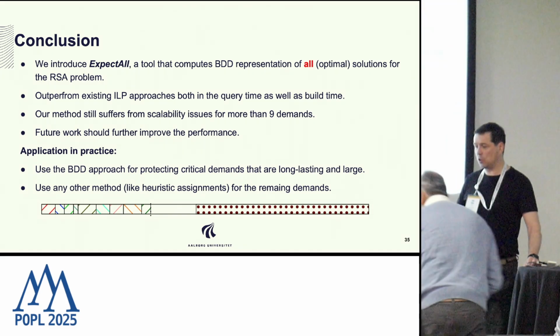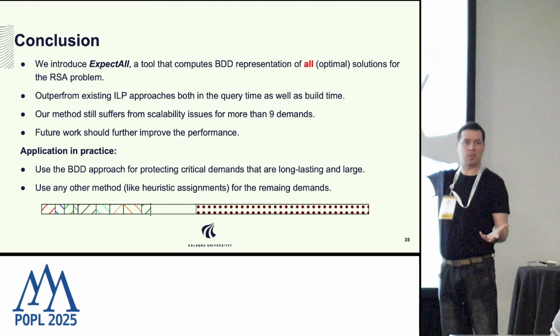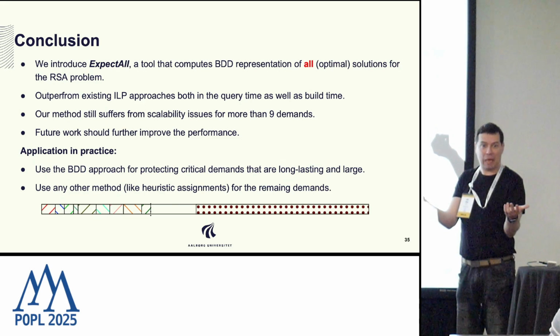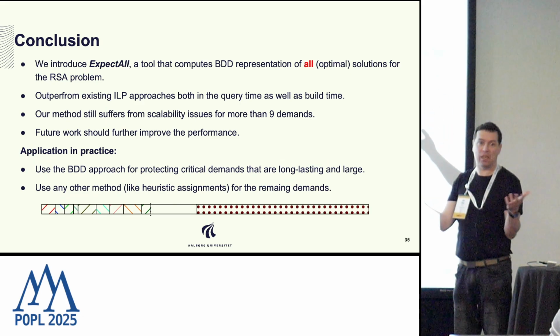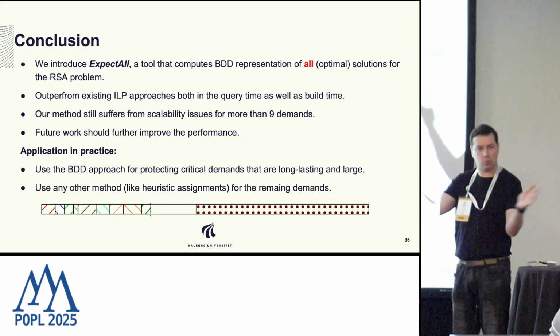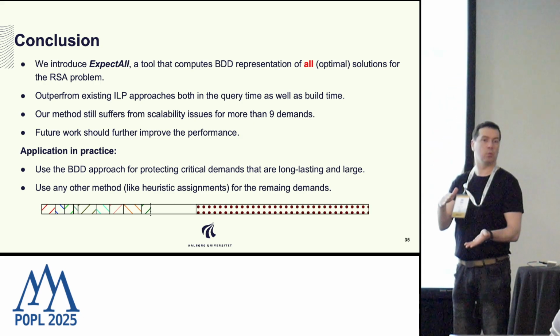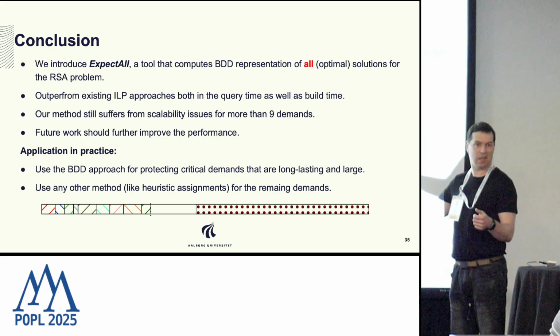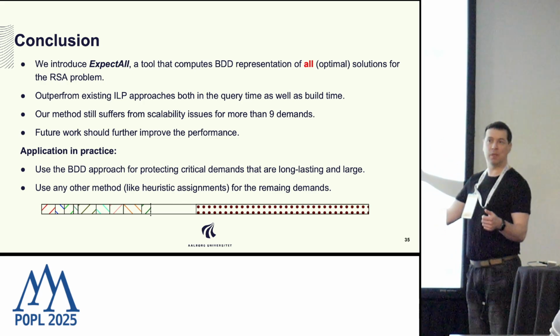So in the literature, you have all these constraints, and then you have to set the function you want to minimize, and that can be many different things, but most commonly people would like to minimize the maximum slot. So you run the ILP and you get just one solution, and that solution for sure is inside of our BDD. But we offer more.